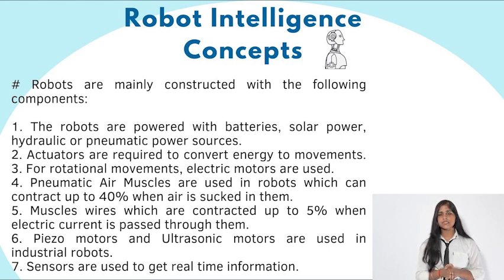Pneumatic air muscles are used in robots, which can contract up to 40% when air is sucked in. Then muscle wires, which contract up to 5% when electric current is passed through them. Then they have piezo motors and ultrasonic motors, which are used in industrial robots. And lastly, sensors, which are used to get real-time information.